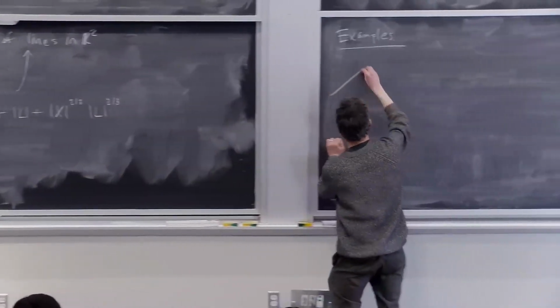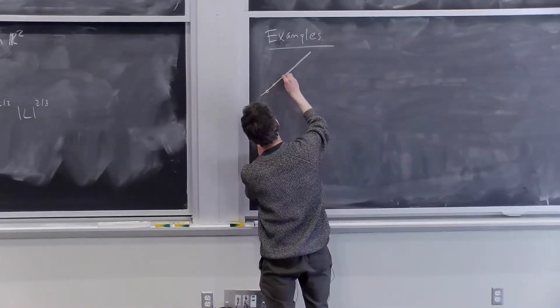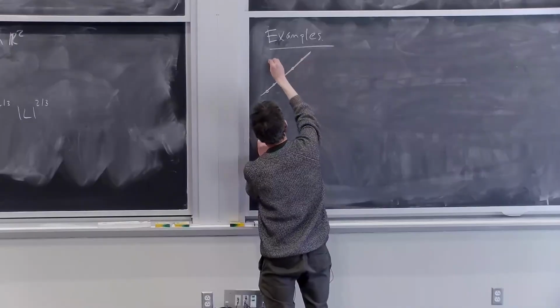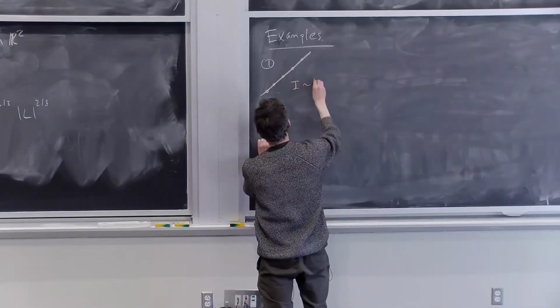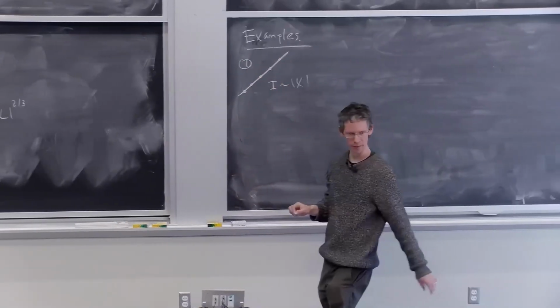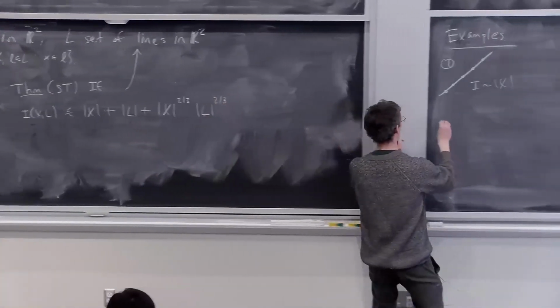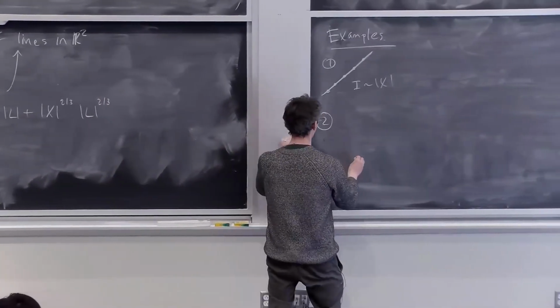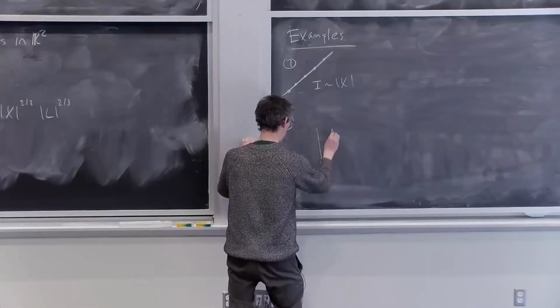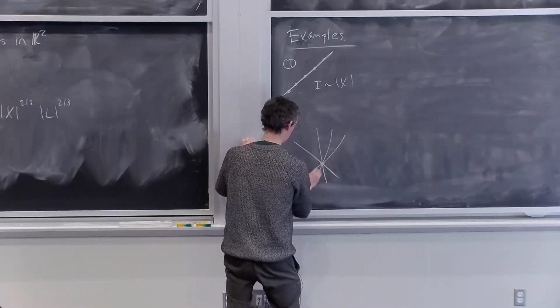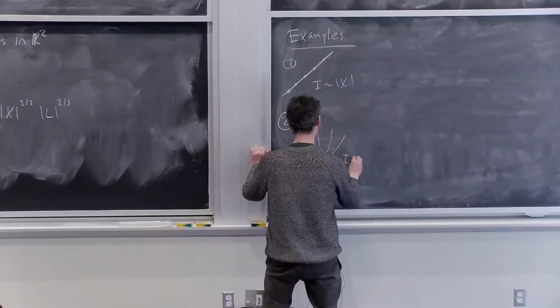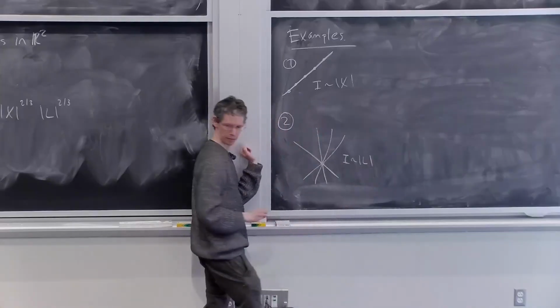That's not too hard to do. If you have one line and you put all the points on it, then the number of incidences is around X. How could you have L incidences? That's not too hard either. If you have one point and all the lines passing through it, then the number of incidences is around the number of lines.